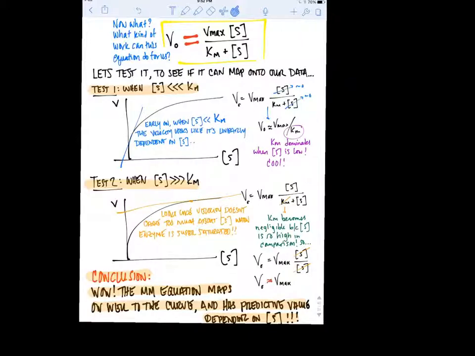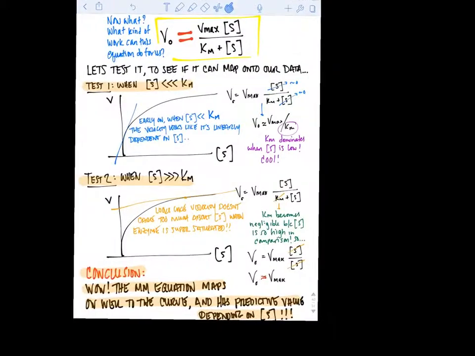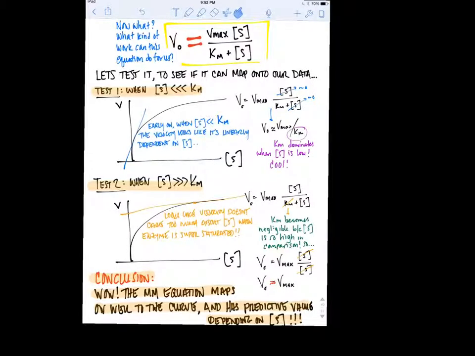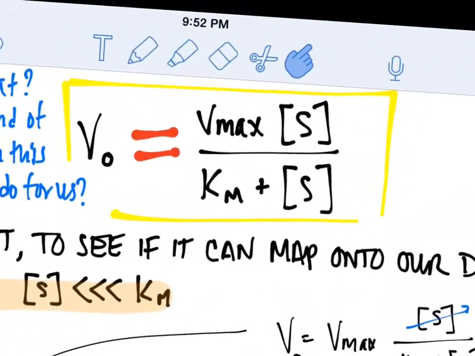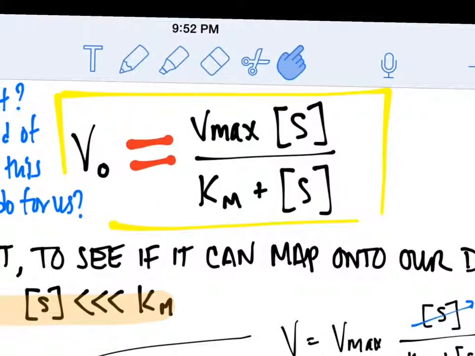Okay, so now let me just tell you, how did I decide to test it that way? How did I decide to make S big and S small? Well, here's a little hint. Whenever you get an equation that looks like this, V naught, or who cares what it is, something equals, and you have two terms that are the same on the numerator and the denominator, but the denominator has something added to it.